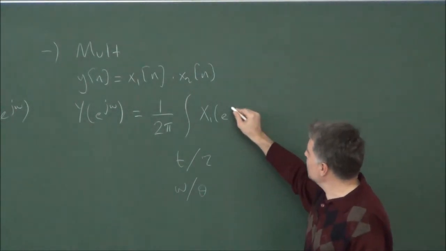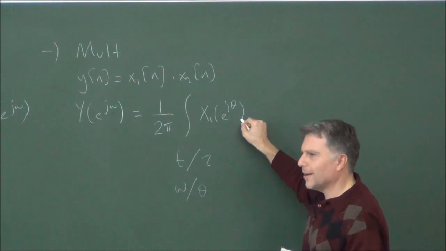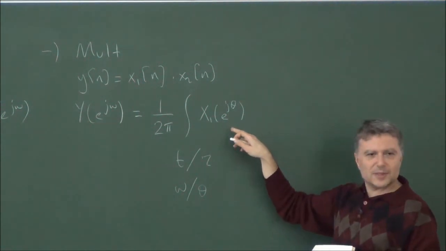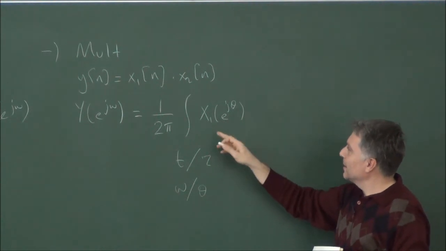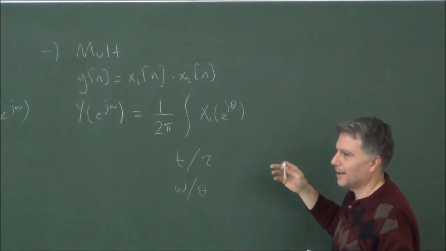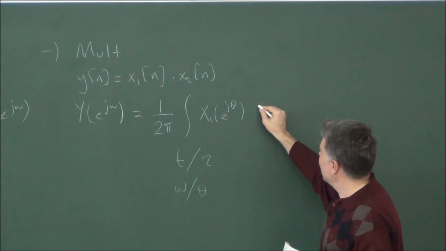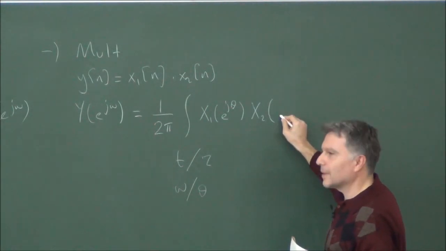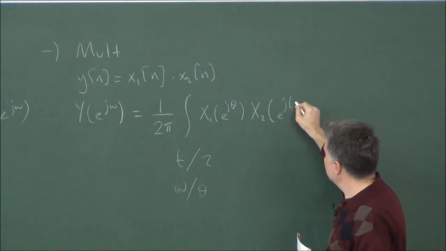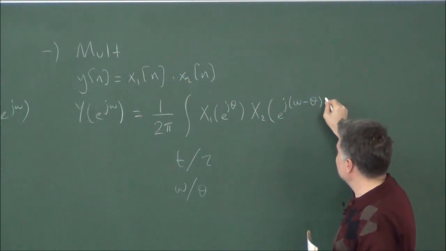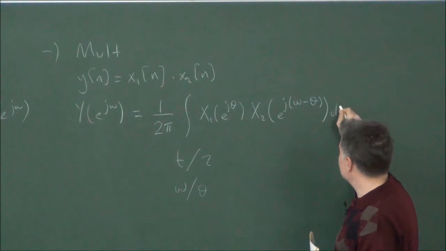So X1 of e to the j theta, and it is overly complicated. You see, it's not x1 of tau or x1 of theta. It is X1 of e to the j theta. And X2 of e to the j omega minus theta, d theta.